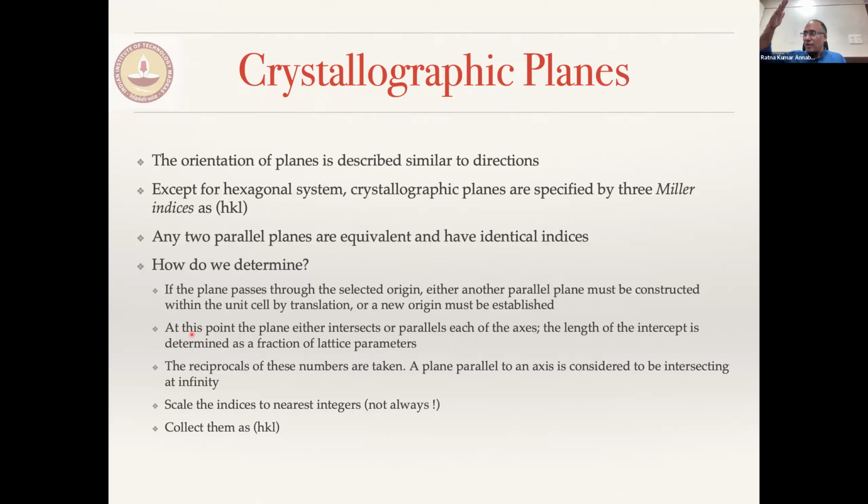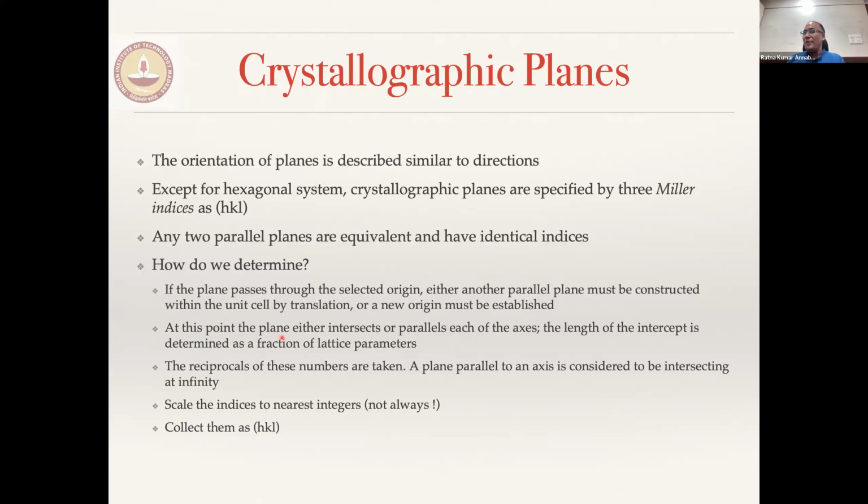So when you have a plane which is intersecting or passing through the origin, you need to move the plane. Once you move the plane away from the origin, the plane will either intersect the coordinate axis or become parallel to the coordinate axis.